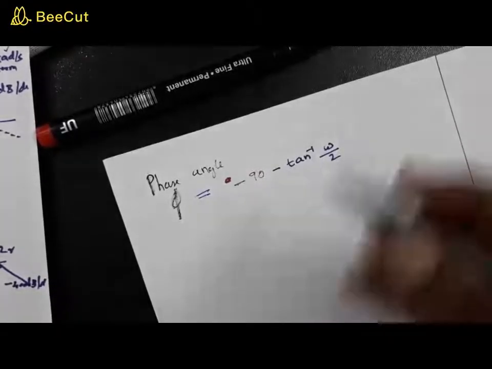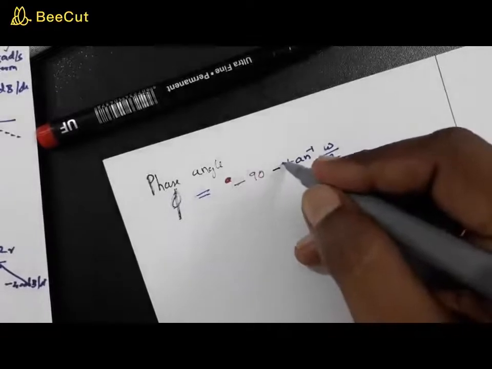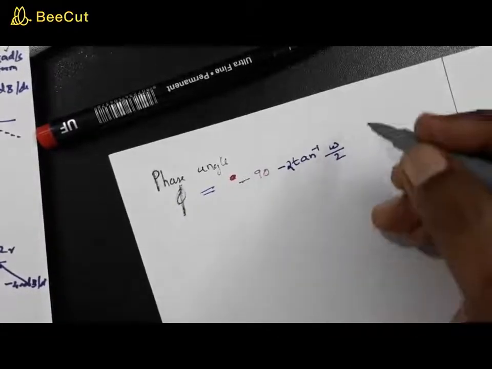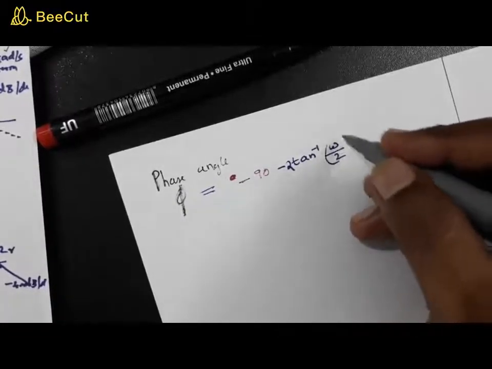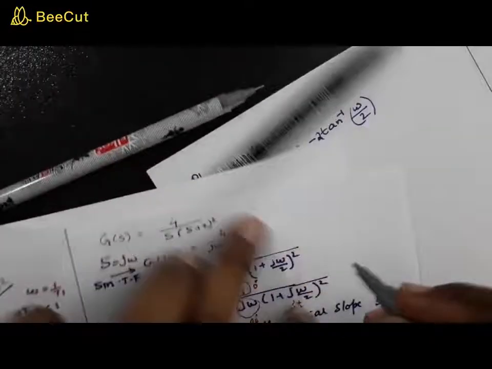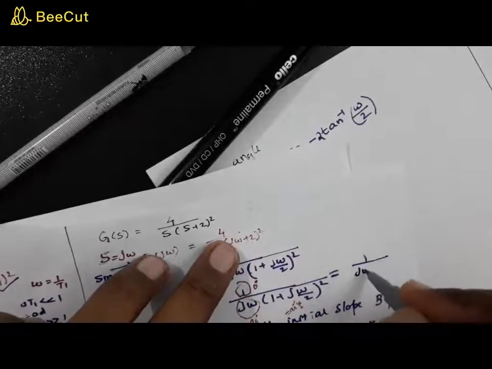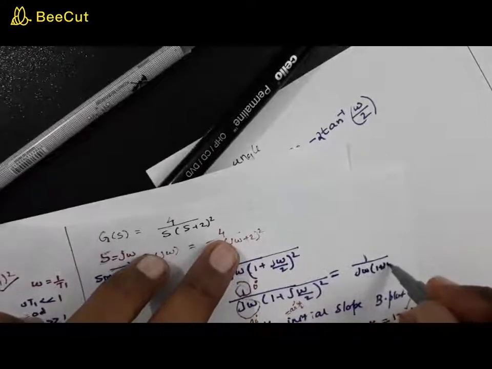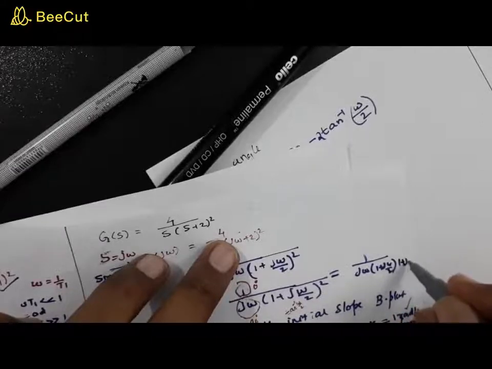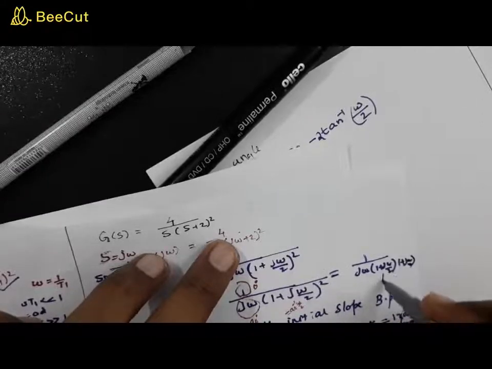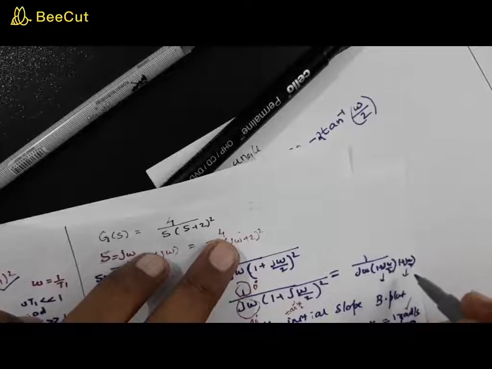Again you have one more term, so you can say this is 2 times tan inverse omega by 2. If you didn't understand, this is just like j omega into 1 plus j omega by 2 into 1 plus j omega by 2. There is a tan inverse omega by 2, and another tan inverse omega by 2.